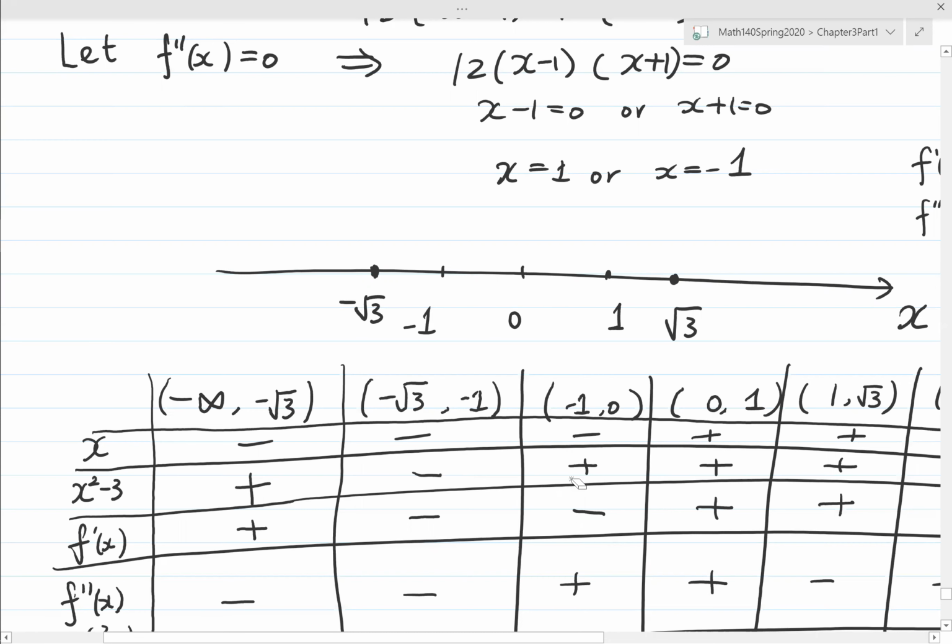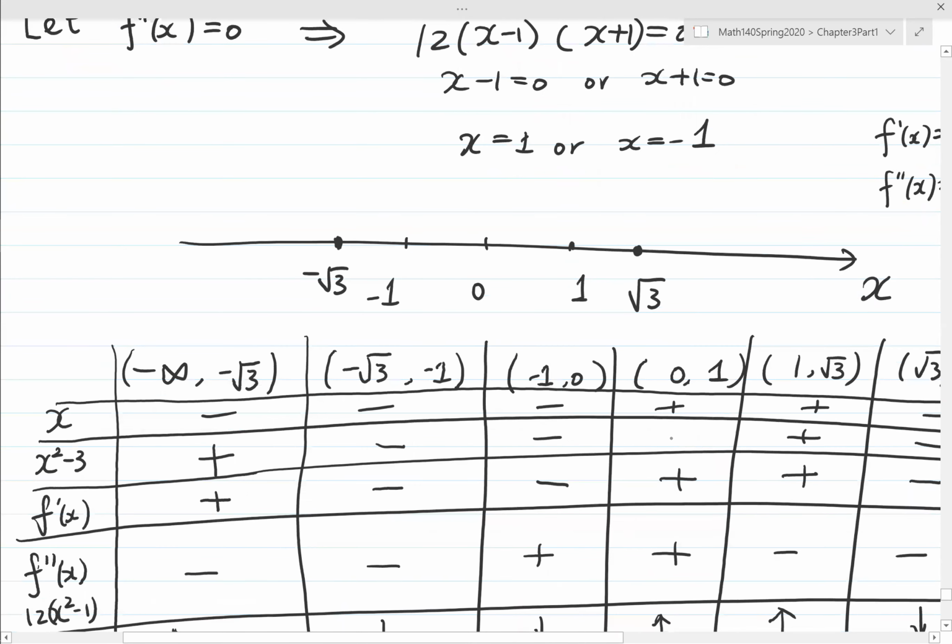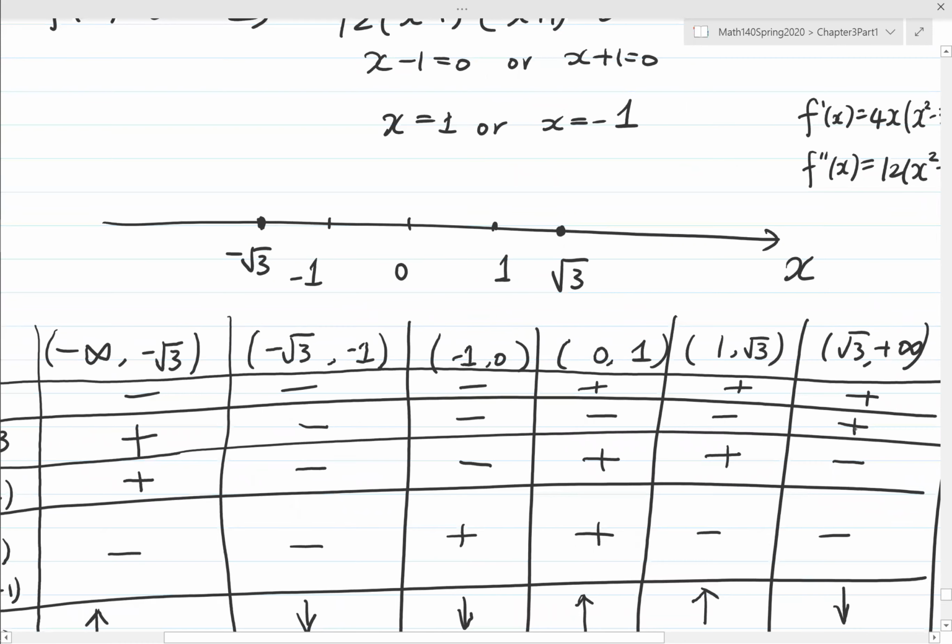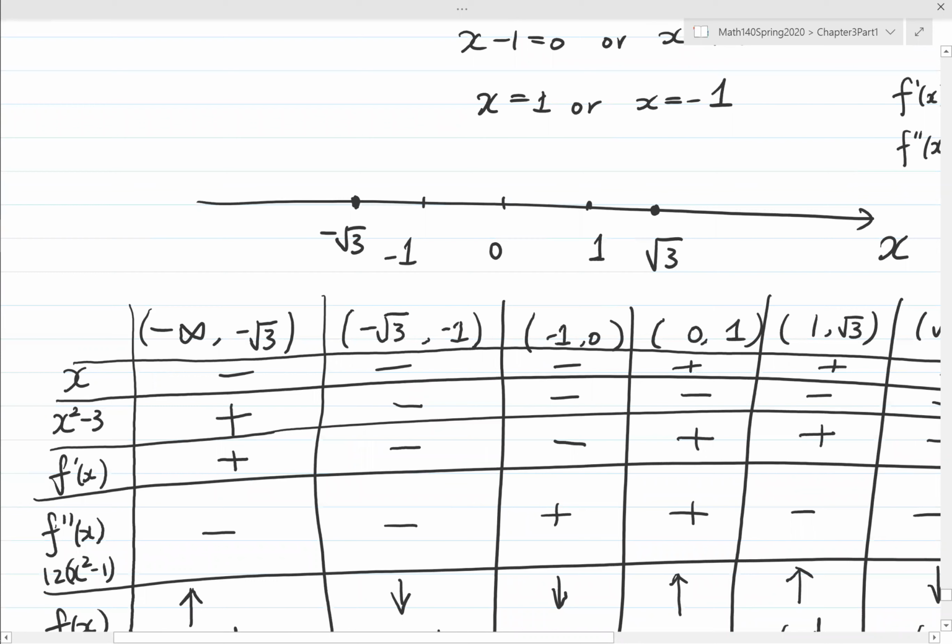Oh, this is totally wrong. So this is negative, this is positive.